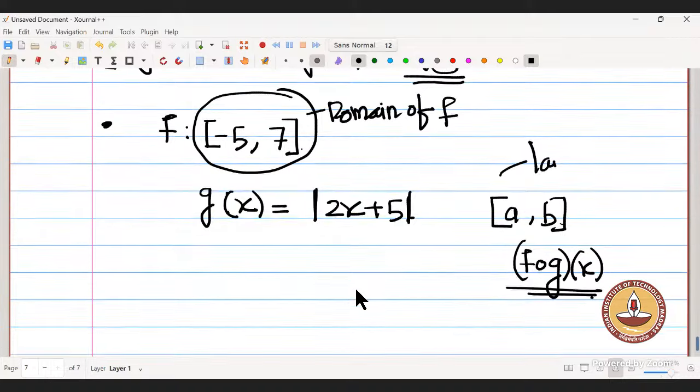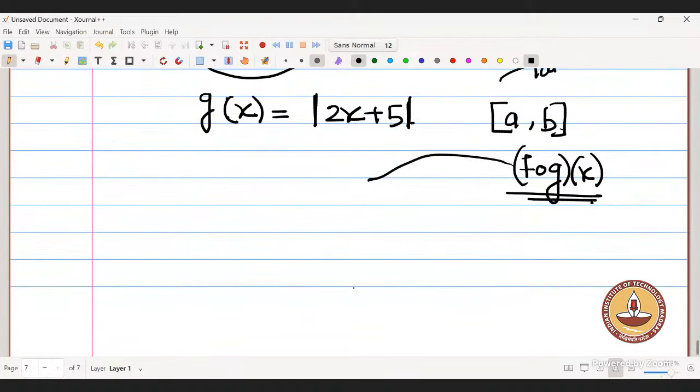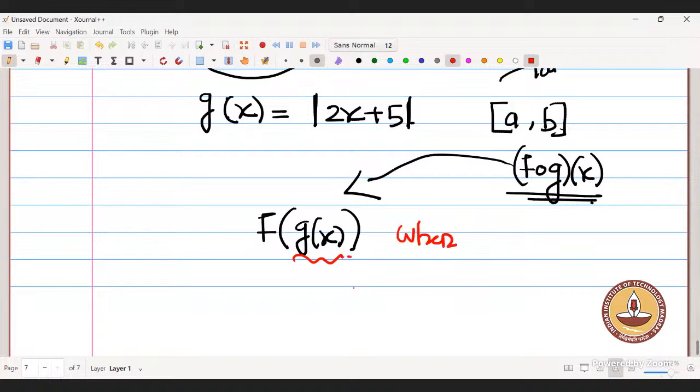This composition is precisely f of g of x, and it makes sense when g of x is inside the domain of f.